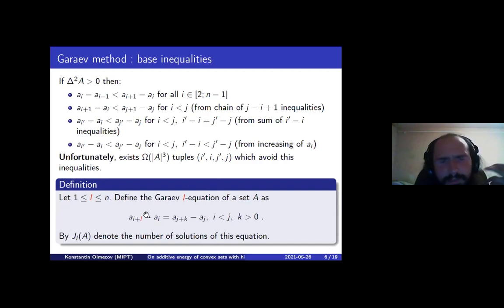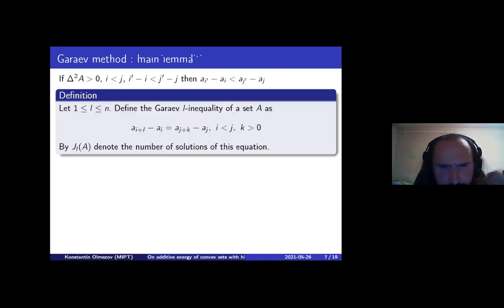And we need a term, the Garayev equation, and Garayev obtained a bound for the number of solutions of this equation.